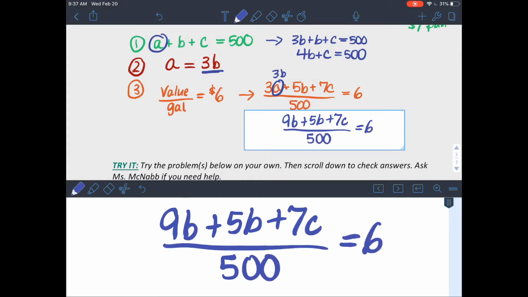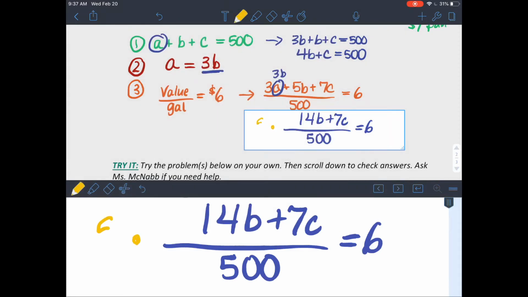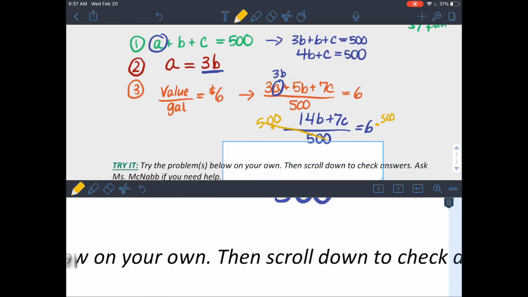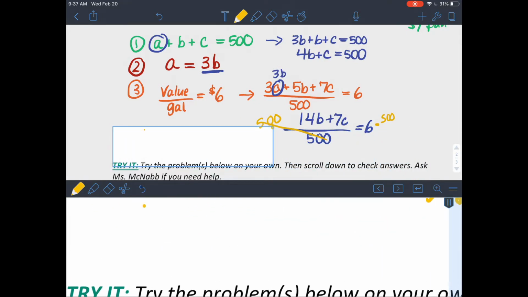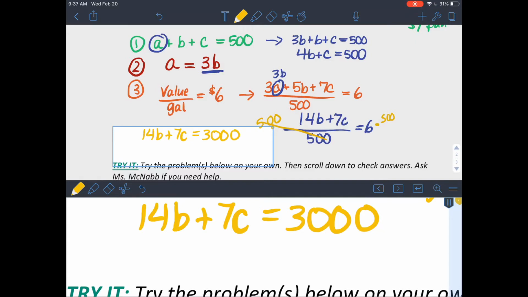That second one, to make it a little bit prettier, I would go ahead and combine my terms and then multiply both sides times 500. That way you don't have to deal with fractions. So you'll end up with that third equation, a slightly nicer version. It just looks like 14b plus 17c equals 3,000.